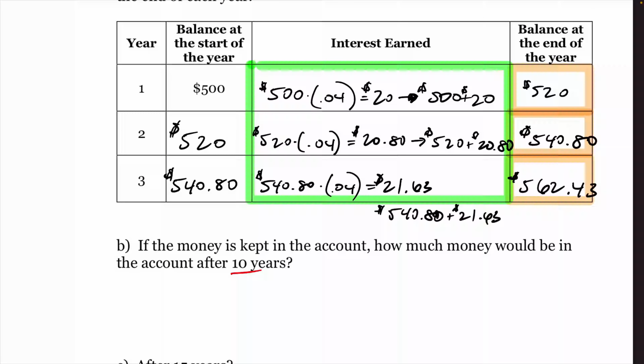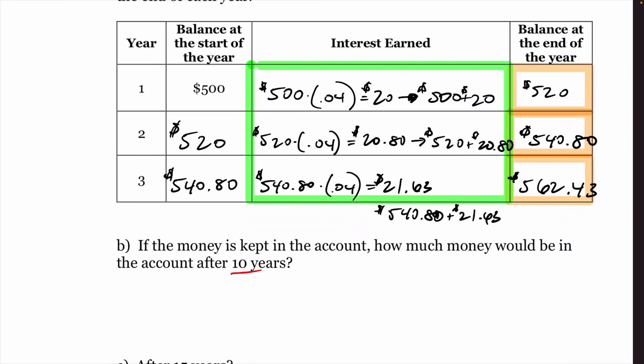And then what did I do? Multiplied by the interest, right? Which was 4%. So I'm going to put this here, and then I'm not going to put 4% because I want to be able to use this for all my problems. So I'm just going to put R instead. R means whatever the interest is, right?